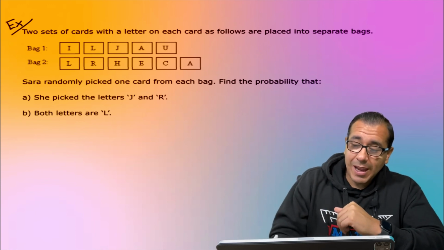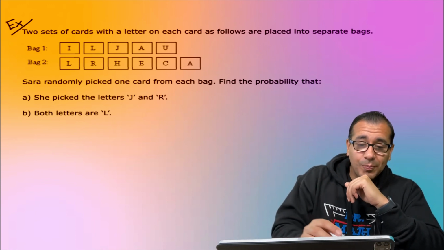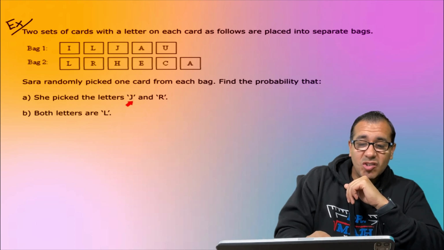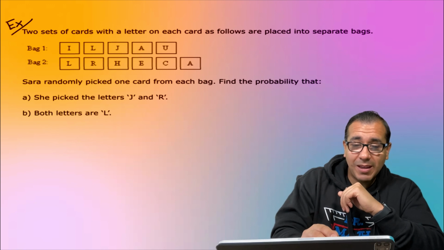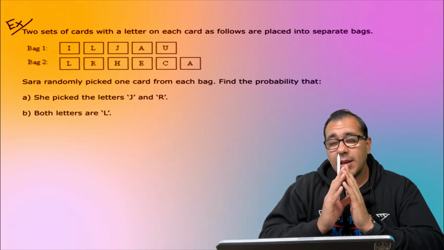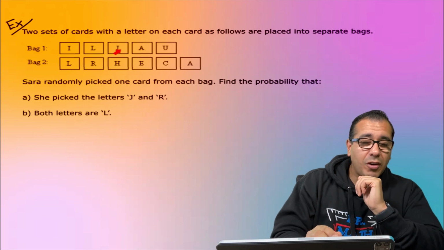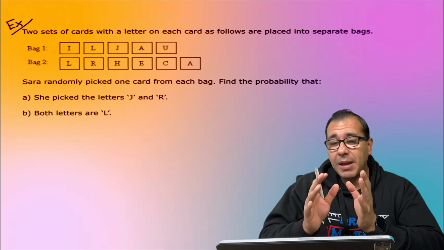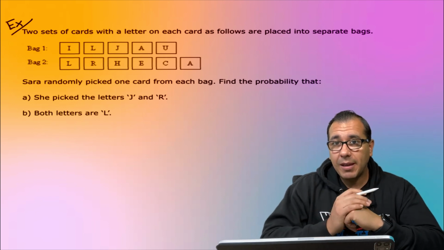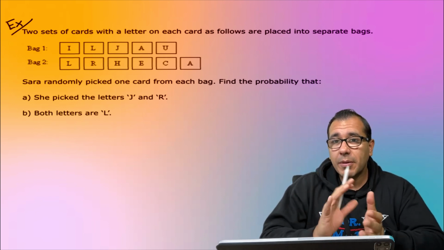For part A, you're going to comment down below, what's the probability that she picked the letters J and R. So a J from the first bag and an R from the second bag. So you're going to find that probability. If she picks a J from the first bag, is that going to impact the chances of her getting an R from the second bag? No, right? They're 2 separate bags.